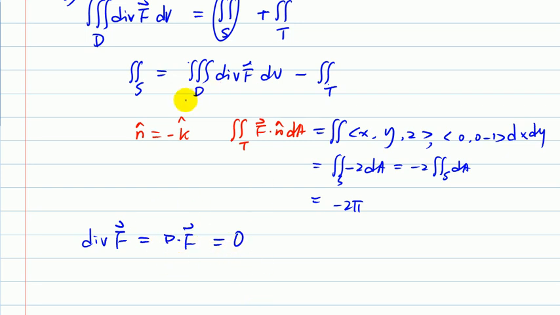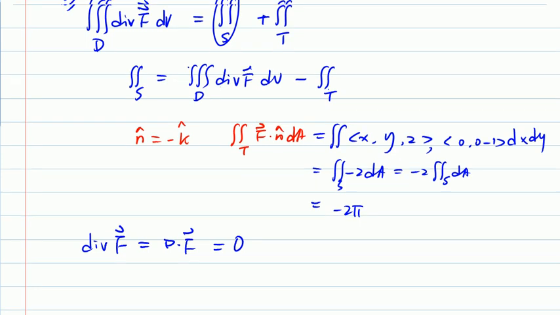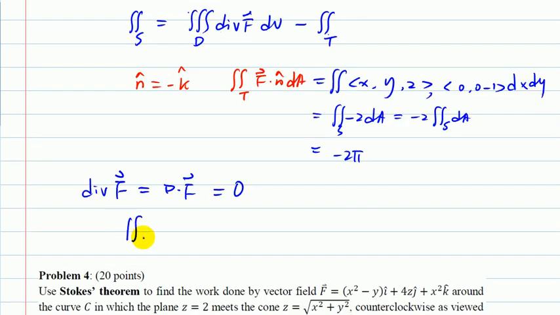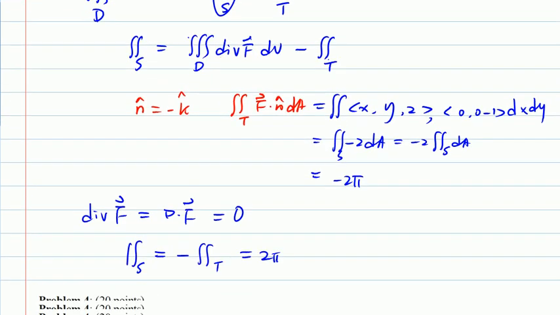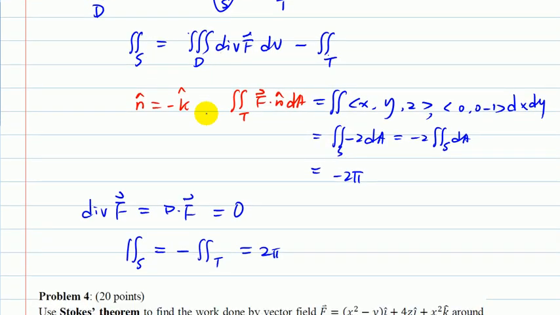So if this is 0, then it's pretty apparent that the flux across the paraboloid is equal to negative the flux across the bottom unit circle, which we will have here as 2 pi. So that's basically how you make use of the divergence theorem to obtain a surface integral.